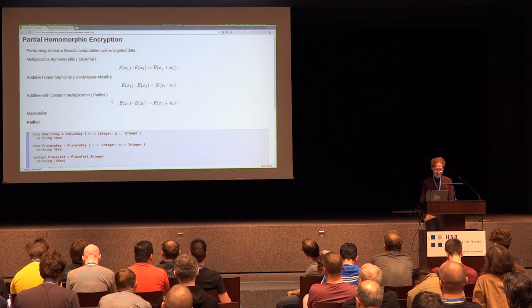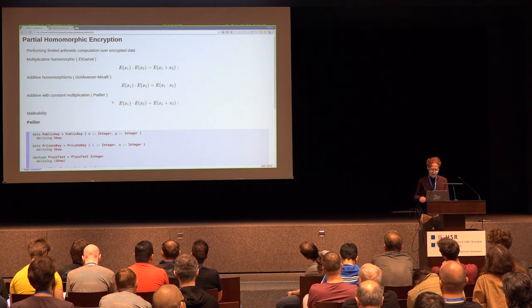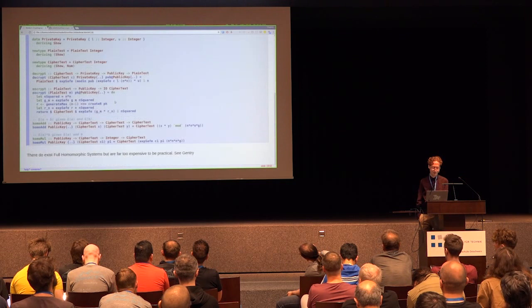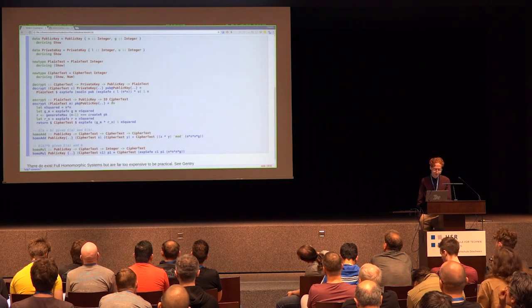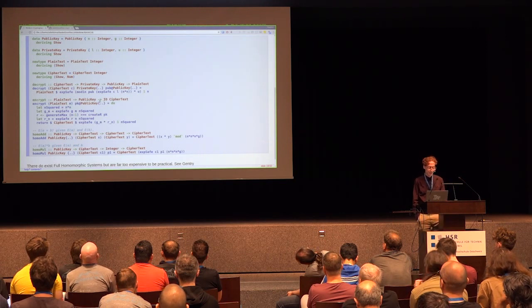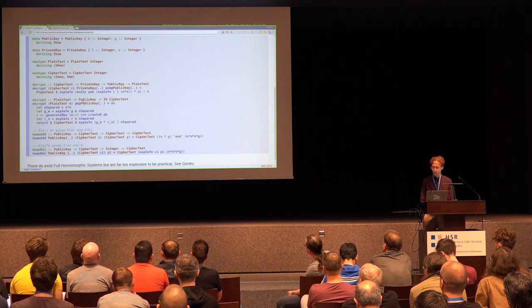So this is useful in a limited set of cases, but there's an implementation of what's called the Paillier cryptosystem, which is actually quite simple. It fits on this slide, and it allows homomorphic addition and homomorphic multiplication by scalars over the cryptotext.